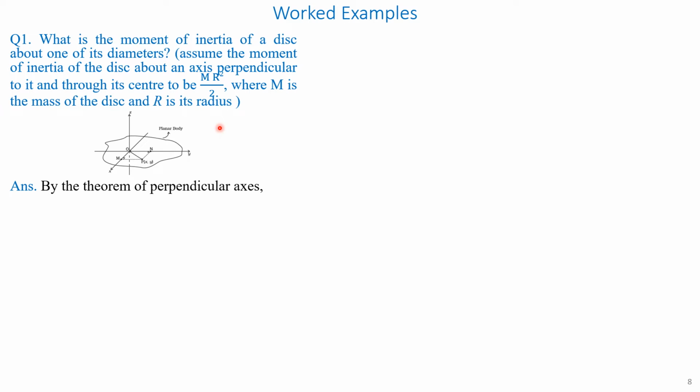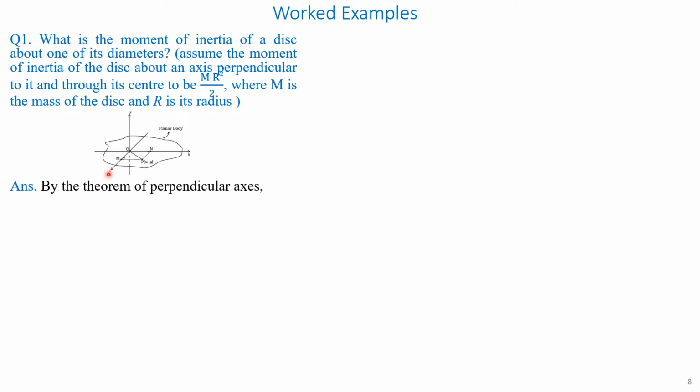The figure shows a planar body. An axis perpendicular to the body through a point O is taken as the z-axis. Two mutually perpendicular axes lying in the plane of the body and concurrent with the z-axis, that is passing through O, are taken as the x-axis and y-axis.